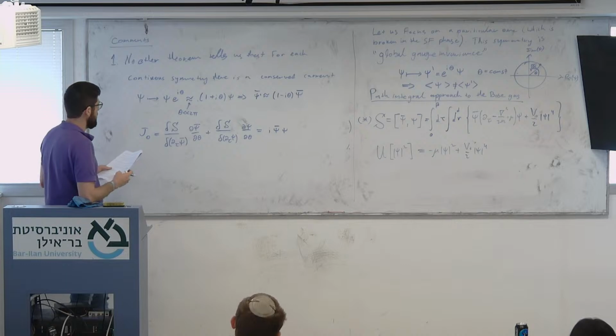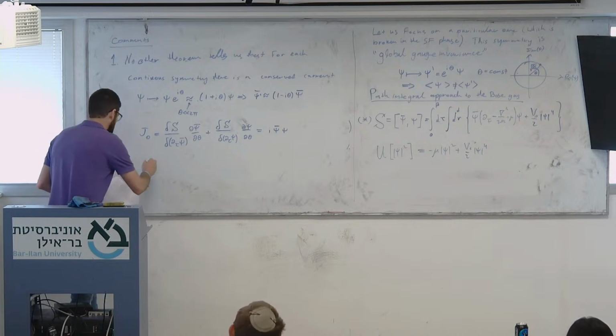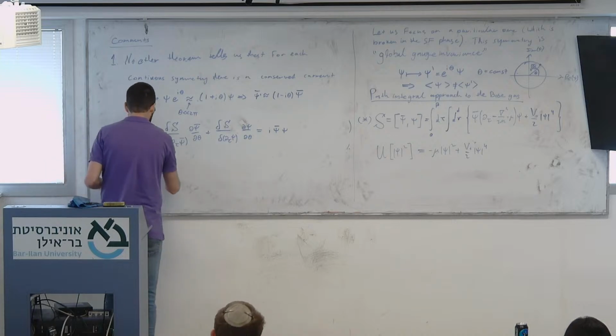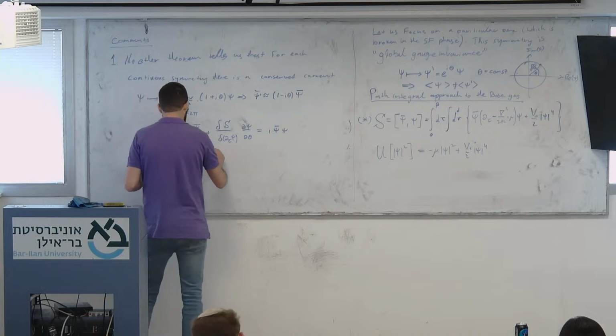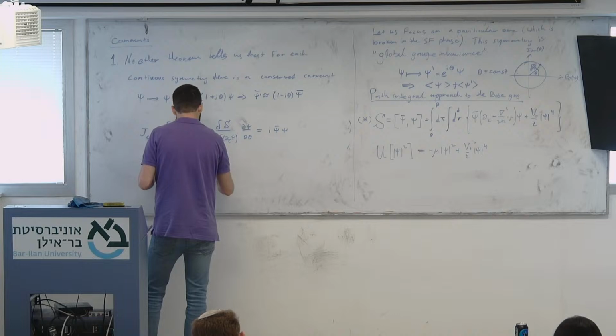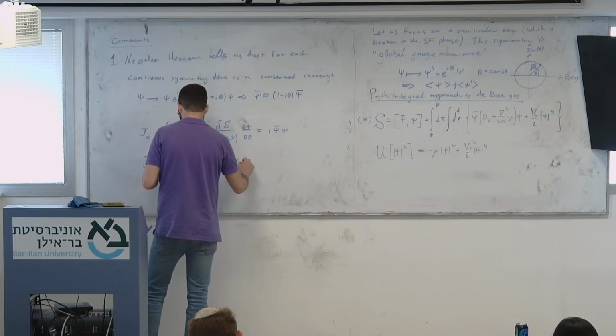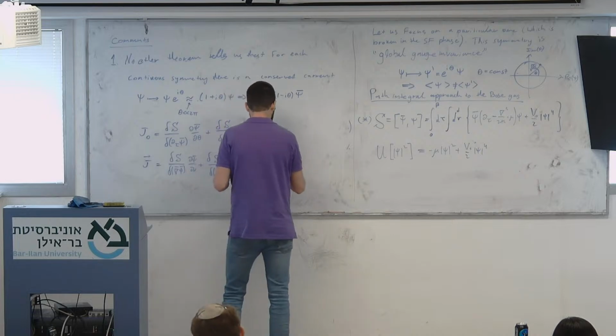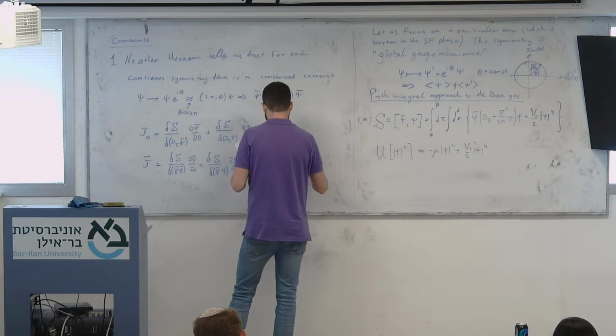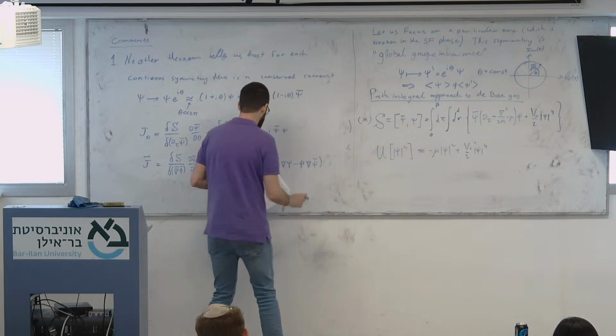And the spatial current is delta S over delta gradient of psi bar, d psi bar over d theta, plus delta S over delta gradient of psi, d psi over d theta, and this is minus i over 2m, psi bar grad psi minus psi grad psi bar.